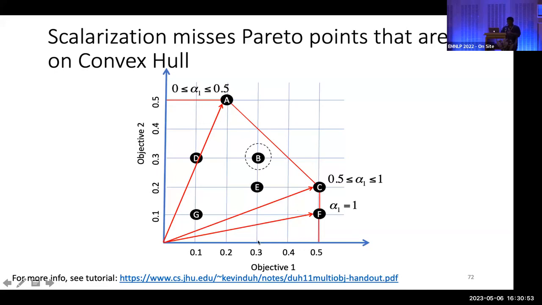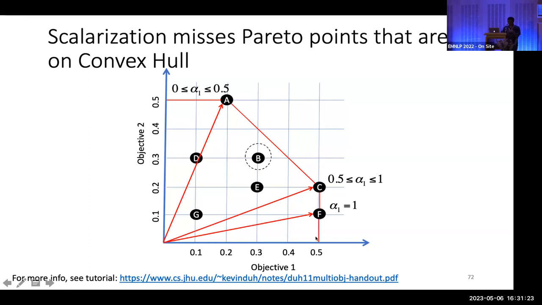So if I have my summed objective focusing on objective 1, you can imagine the array is going horizontally, and it will pick out the solution at the max of this array. Now, as you change the linear weights, this array will gradually move upward until it hits this point where it focuses more on objective 2. Okay. Do people see that?